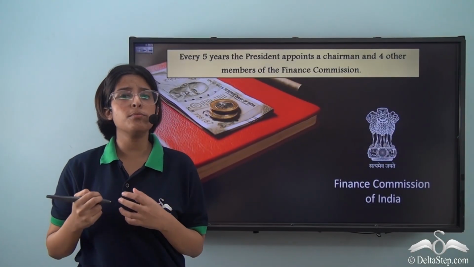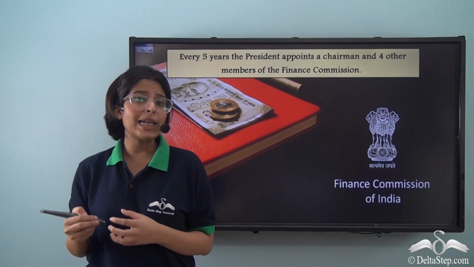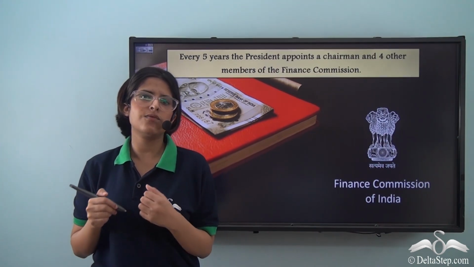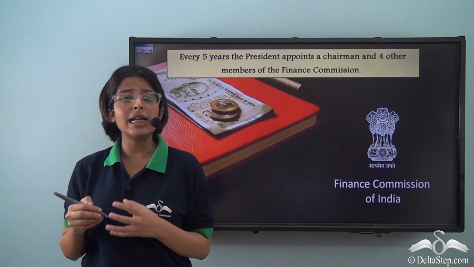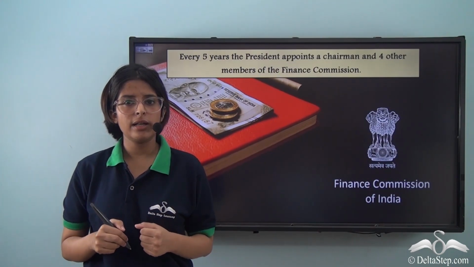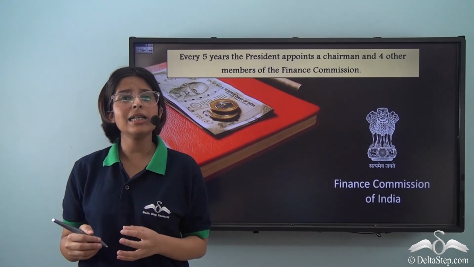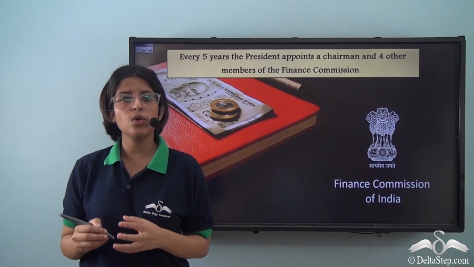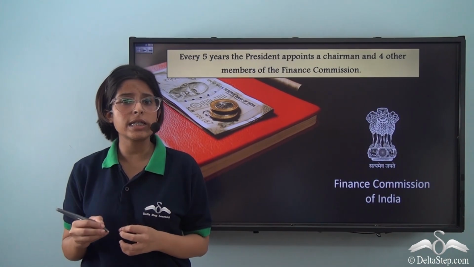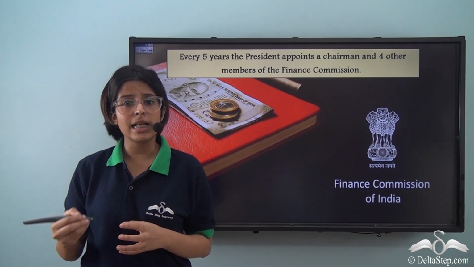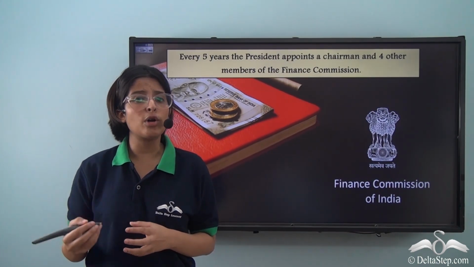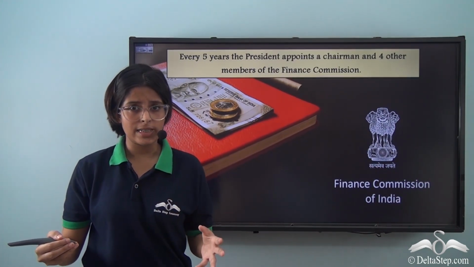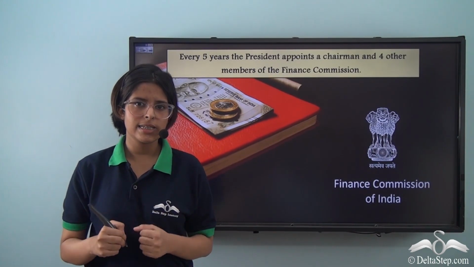The constitution makers were aware of the financial requirements for the center and the states. And for meeting these financial requirements, the Finance Commission came into being. The Finance Commission has one chairman and 4 other members. The Finance Commission is a constitutional body which decides the process and the formula for dividing tax proceeds between the center and the states and among the various states.